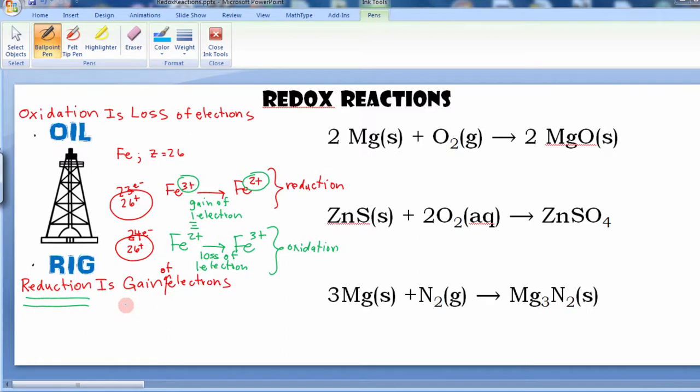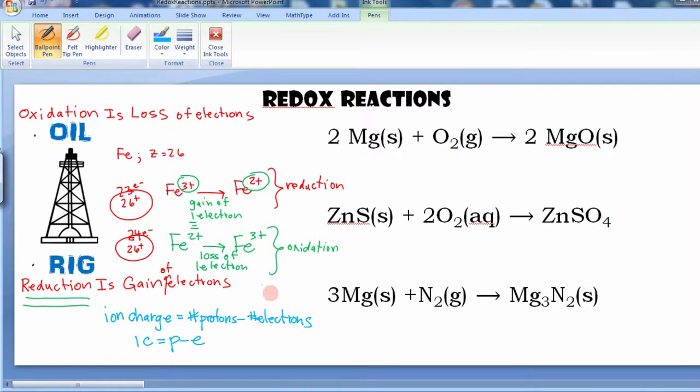And you remember our charge, we had that little equation from chapter 3 that said the ion charge is equal to the number of protons minus the number of electrons. We could say IC equals P minus E. So that's where our little charges came from.